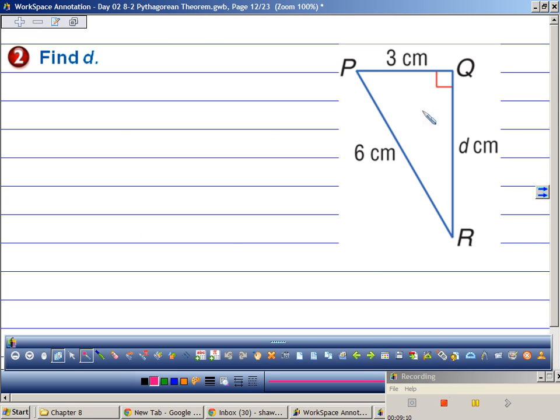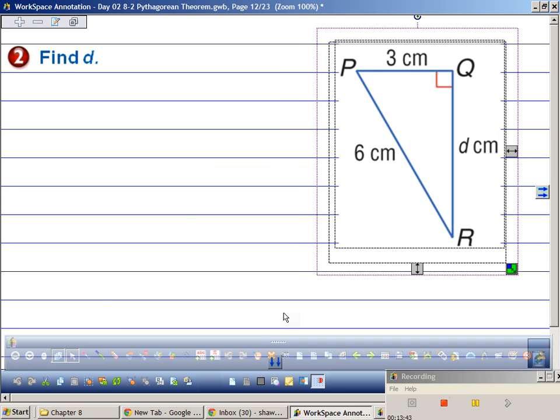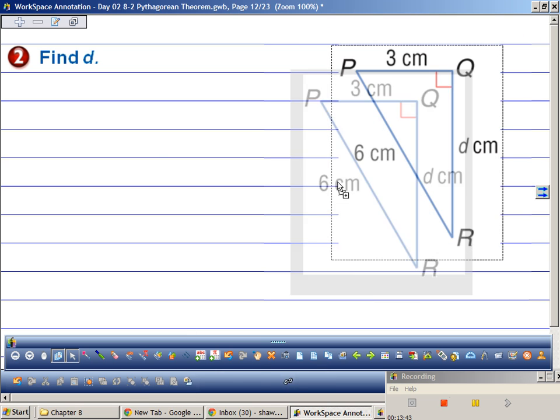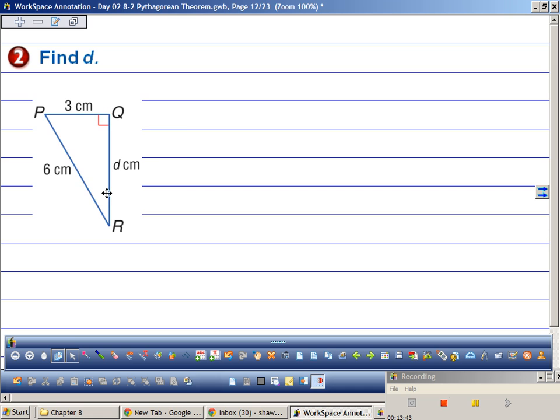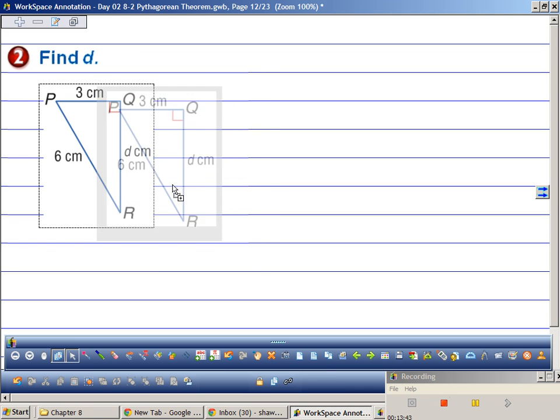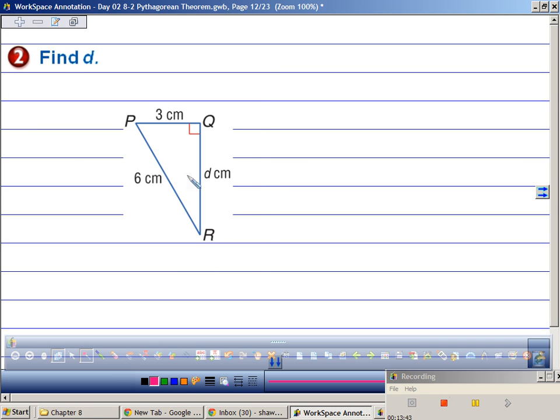All right, find D, so write this one down. All right, so I'm going to do the formula side by side as requested. Let's grab everything I have here and group it. Bring it over here, make it smaller. Everybody's got these numbers, right? So this time we have the area of this square is what? 9.